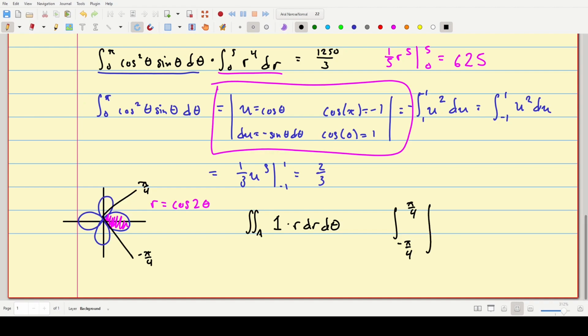And then on the interior, you integrate from 0 to the edge of the polar curve, which is cosine of 2 theta. Okay, does that make sense?